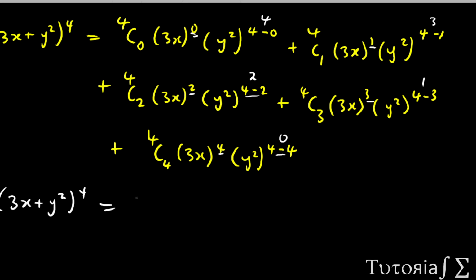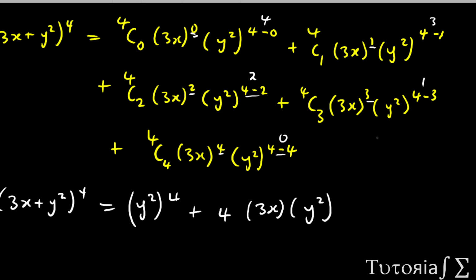Then what we're going to have is y squared to the power 4 minus 0, that is 4. Plus 4 choose 1, that is 4, times 3x, then y squared to the power 4 minus 1, that would be 3.